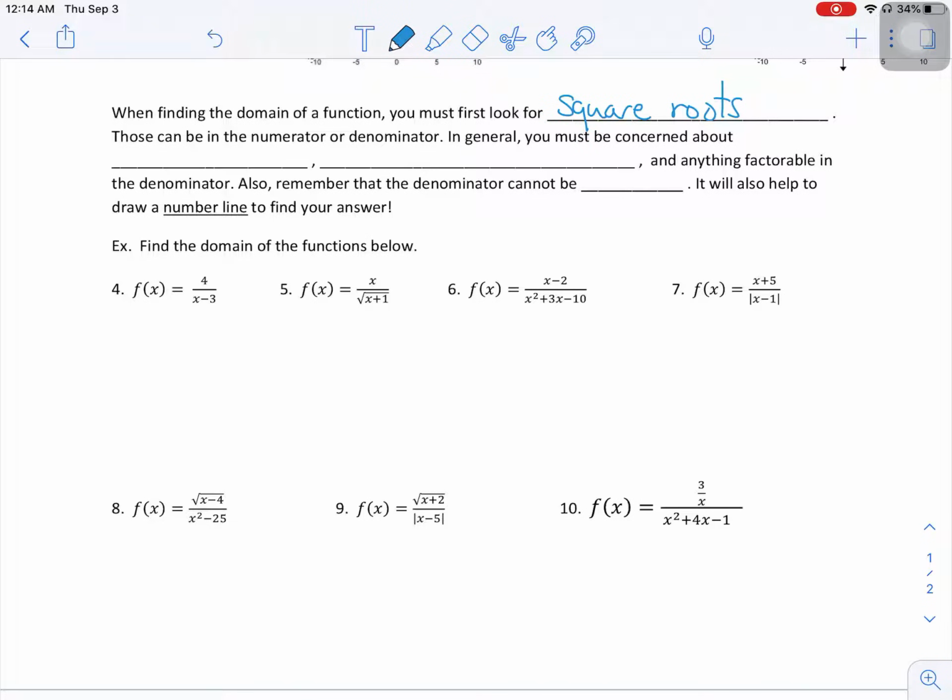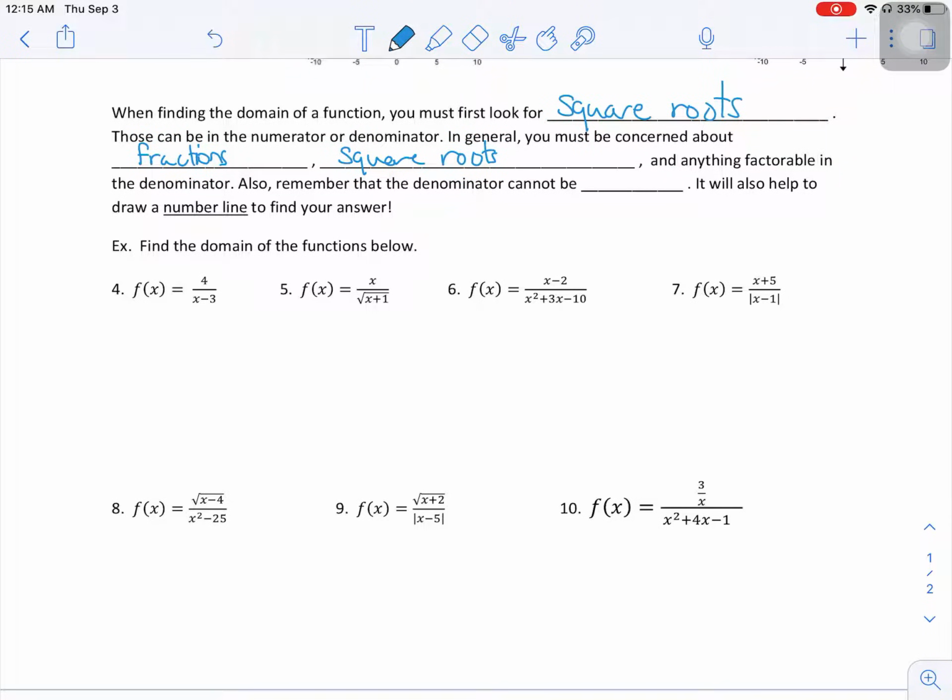And if we're talking numerator or denominator, you probably need to be concerned about fractions. So we've got fractions, definitely those square roots. Order on these we'll talk about, but I'm just basically filling it in. And anything factorable in the denominator, because it's a fraction, so we want to pay attention to that denominator.